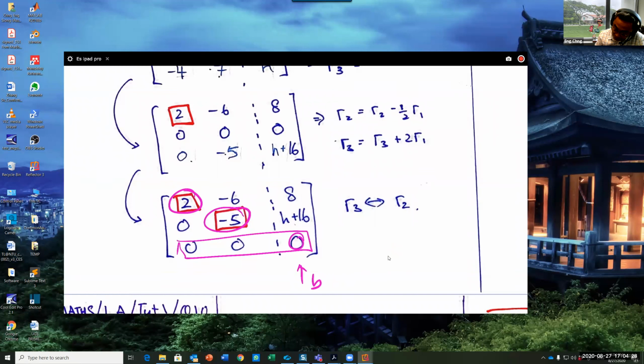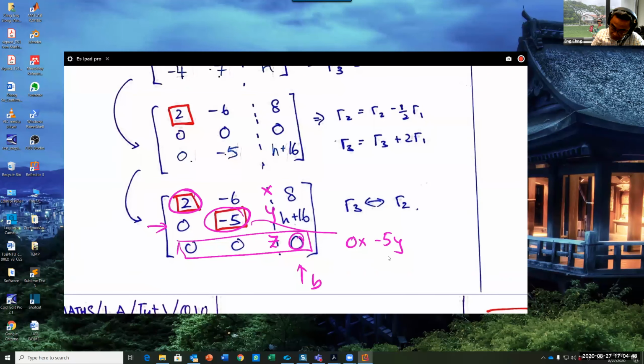Means that we can do something like this. For example, how do we interpret? If this is X, this is Y, and this is Z, our equation is, if we look at this row, 0x minus 5y. Sorry, let me think.